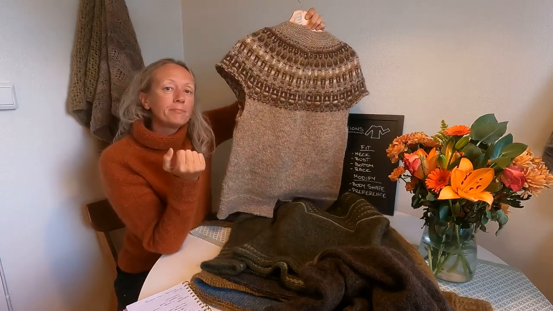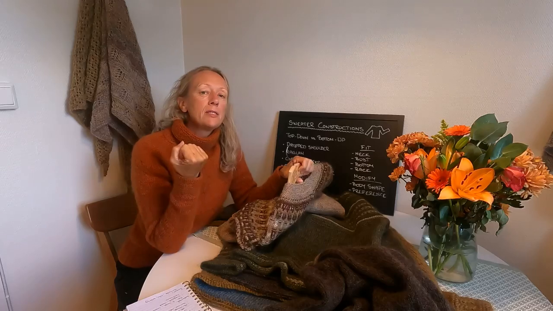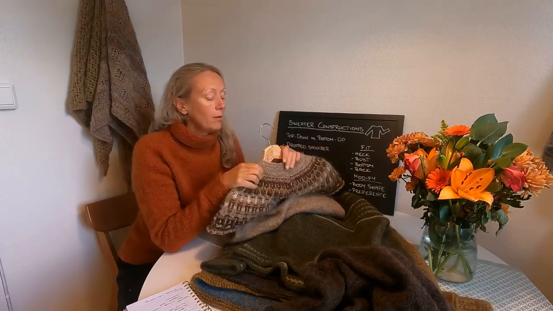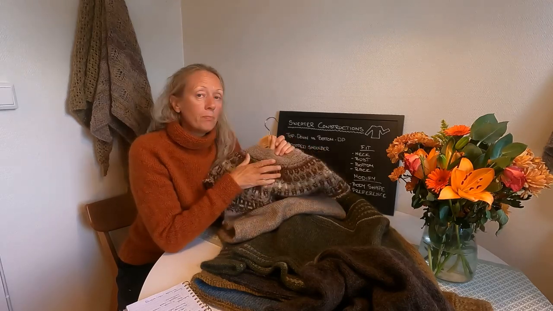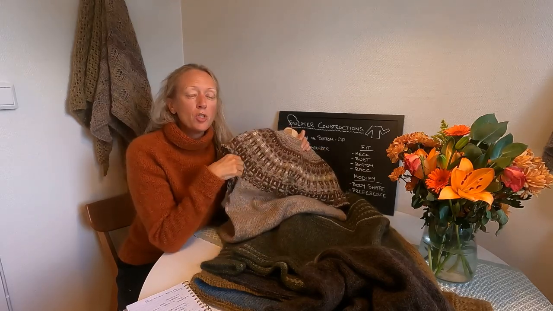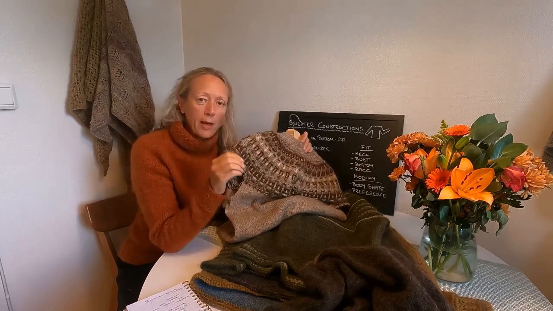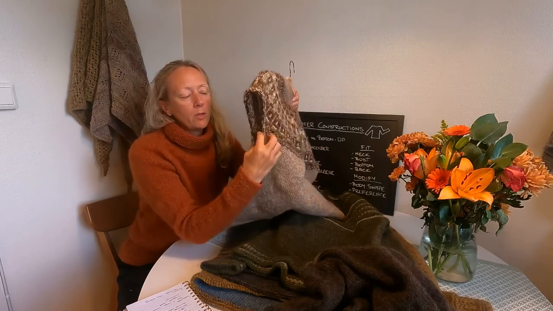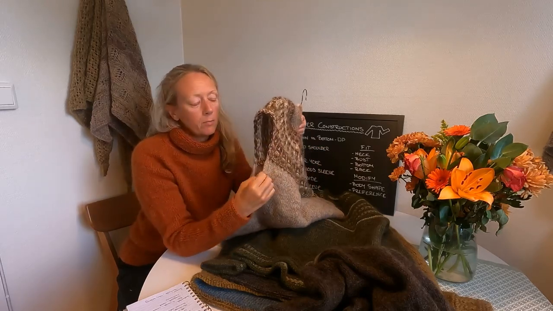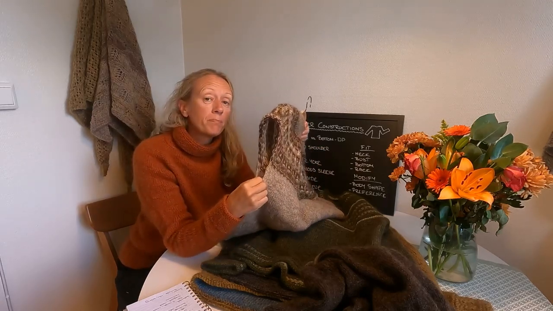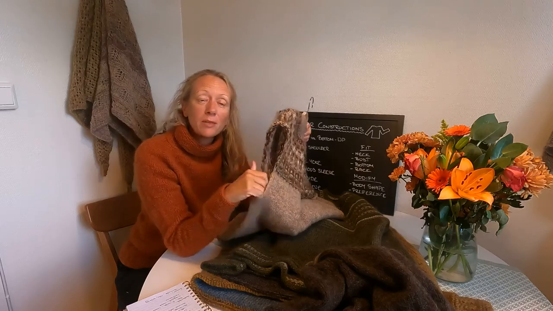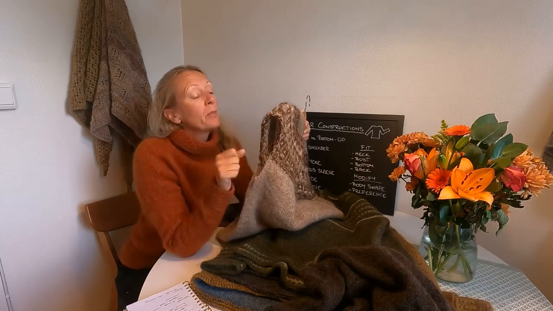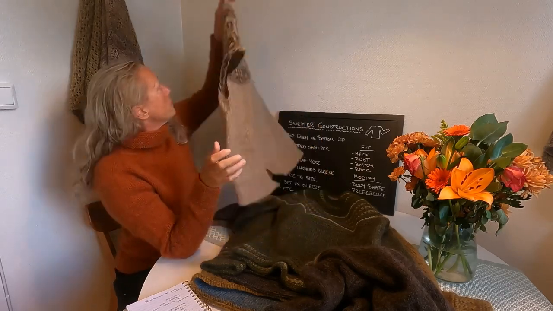So a very, very simple way of lengthening the back by this. But you cannot just do it and then follow your pattern letter by letter. You have to understand how you modify your pattern based on those extra stitches. But if you have larger arms, this is perfect, because you get these for free.